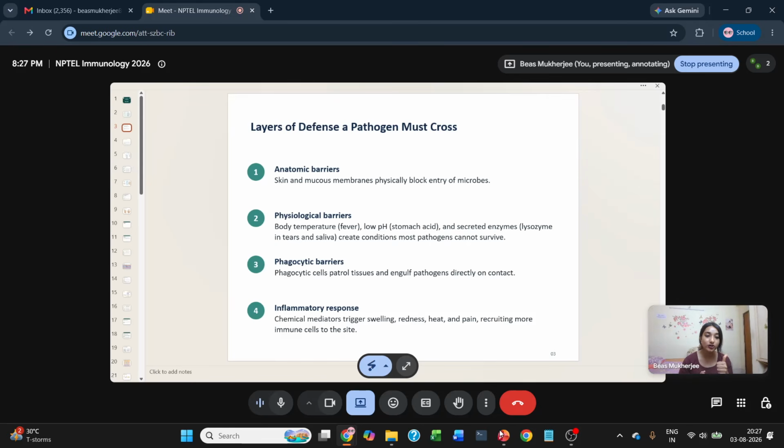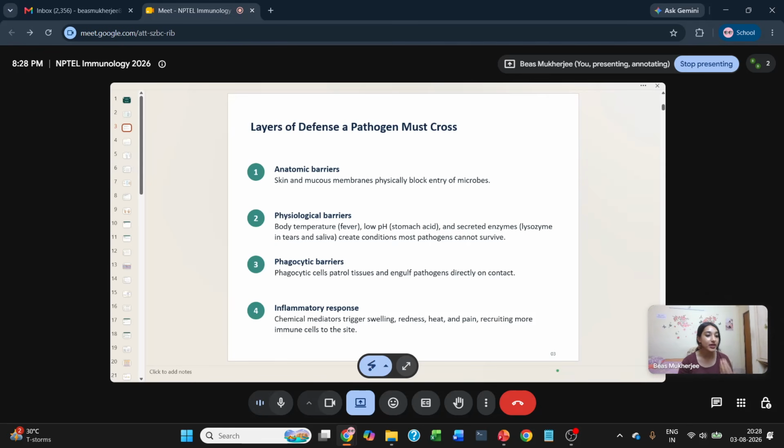Okay, now we will move on to the layers of defense of the innate immune response. So there is the anatomic barrier, and there are the physiological barriers, right? The anatomic barriers include skin and mucous membrane, which are the physical barriers that physically prevent the microbes from entering into the system. Then we have the physiological barriers. This includes body temperature rise, that's seen in case of fever.